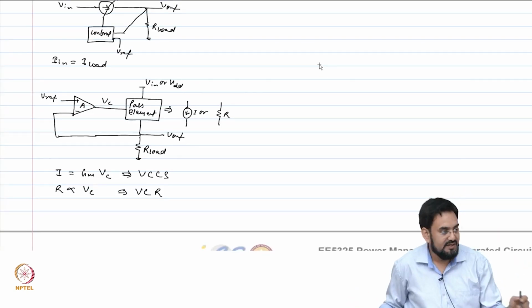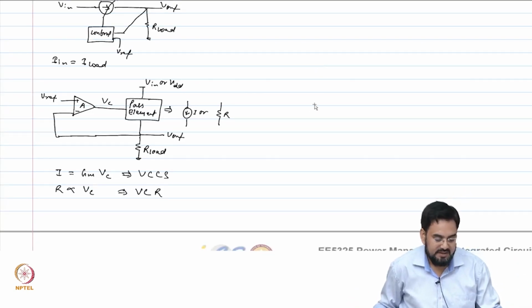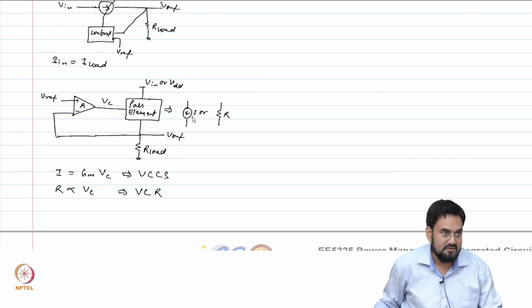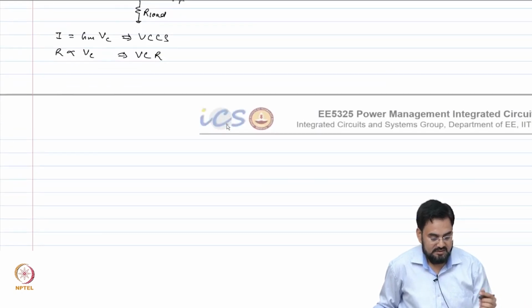We saw that you have a negative feedback with the pass element, where the pass element could be a current source, voltage controlled current source or resistor.